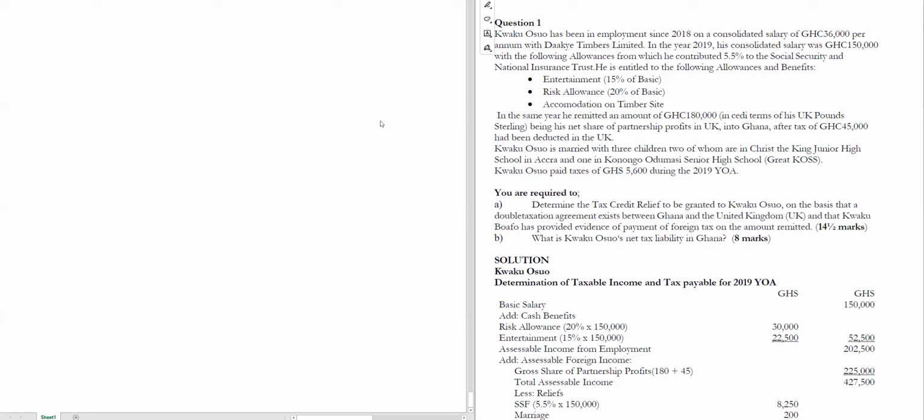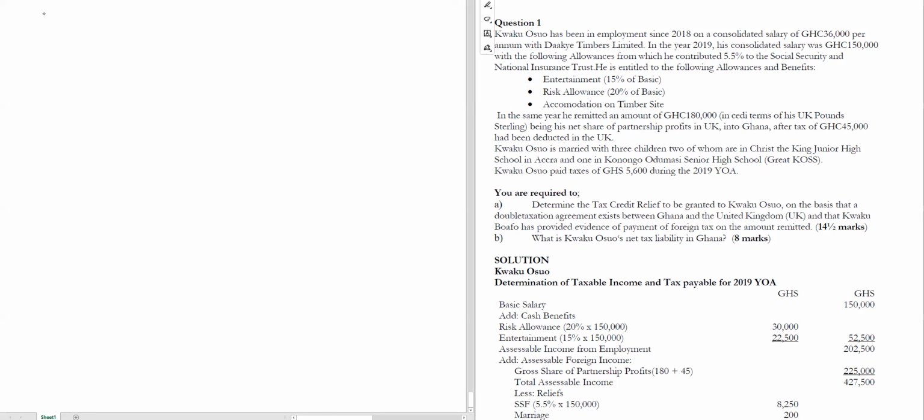So what do we need to do? We need to gross it up. You need to find the gross. So Kweku Osio is married with 3 children, 2 of whom are in Christ the King Junior High School in Accra and 1 in Konongo Odumase Senior High School. He paid taxes of 5.6 during the 2019 year of assessment. So they said we should determine his tax liability for 2019 and also his net tax liability.